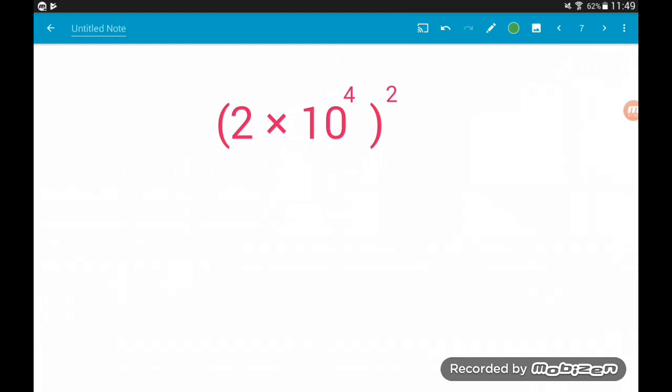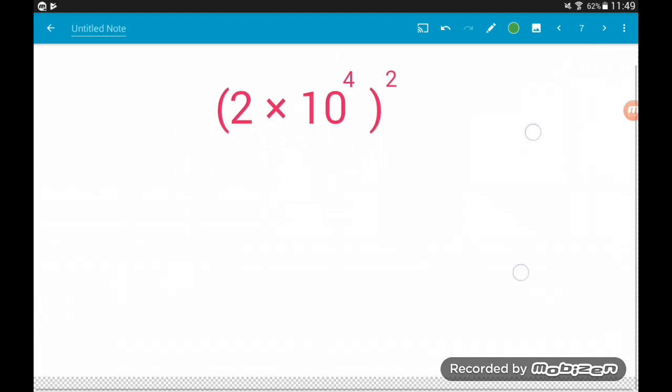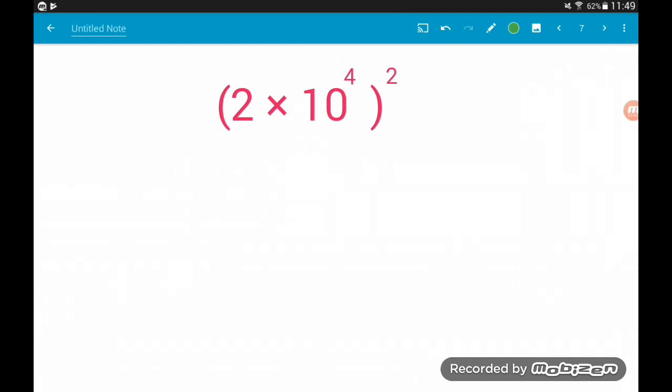Okay, what about 2 times 10 to the power of 4 all squared? So there's two different ways we can think about this. Remember that when something is being squared, it means that number times itself. So we could think of this as being 2 times 10 to the 4 times 2 times 10 to the 4.